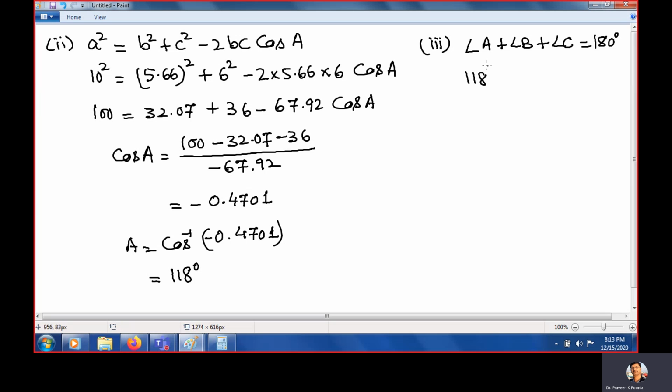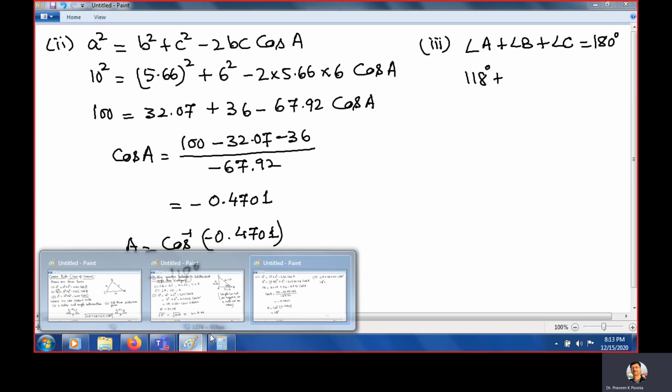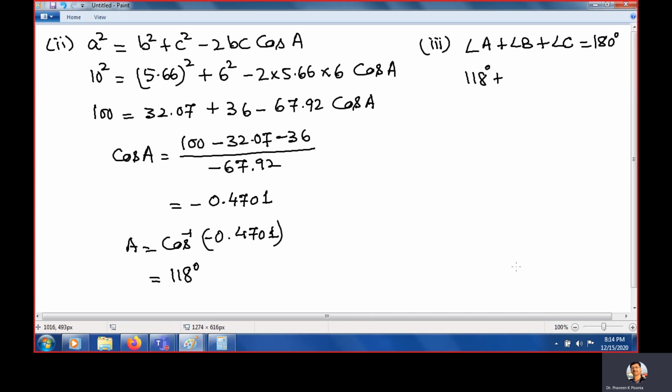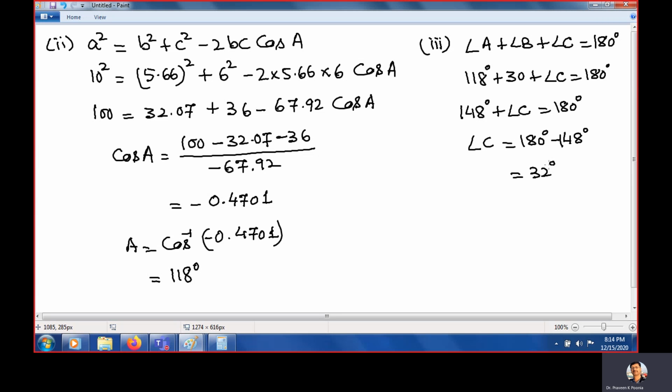It is 118 degrees plus angle B, which is 30 degrees, plus angle C is equal to 180 degrees. So the total is 148 degrees plus angle C is equal to 180 degrees. So angle C is equal to 180 degrees minus 148 degrees, and this is 32 degrees.